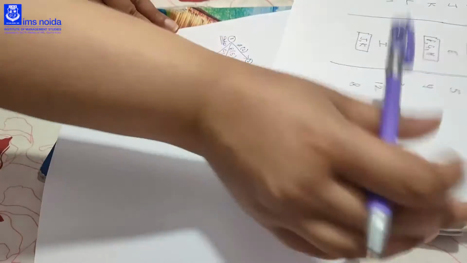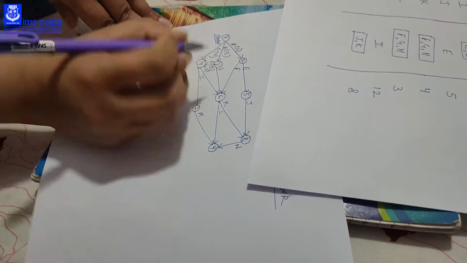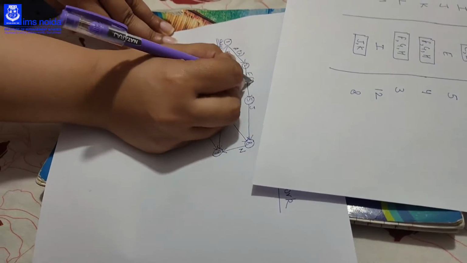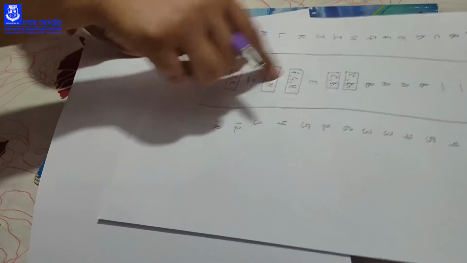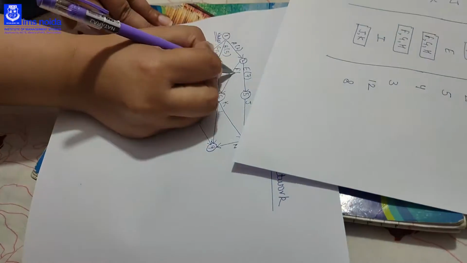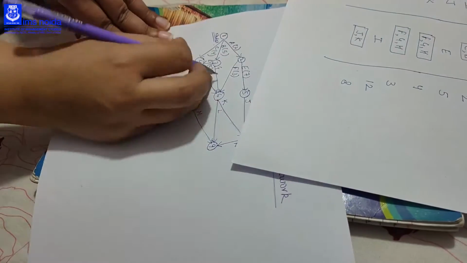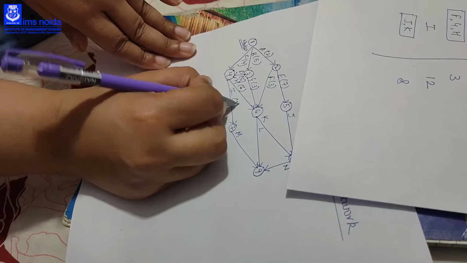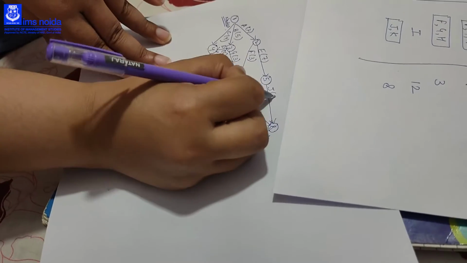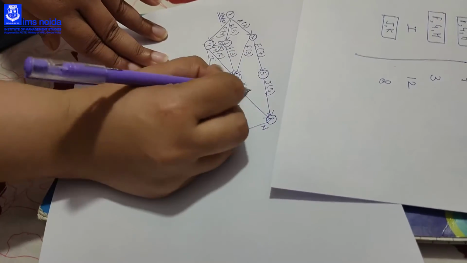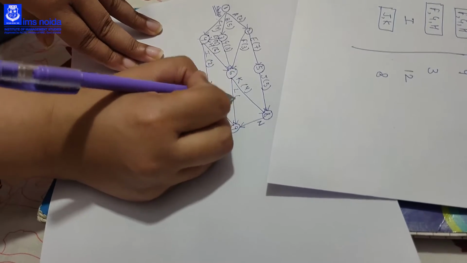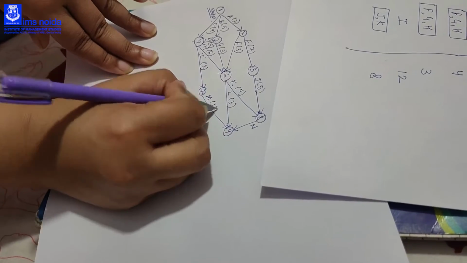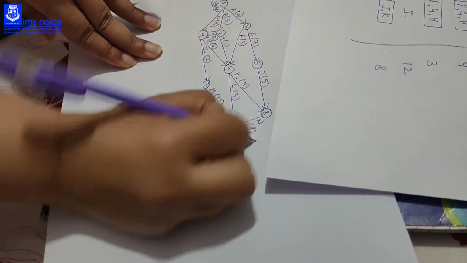Then in front of D 5, 7, 3, 6, 2, 5, 4, 3, 12 and 8.